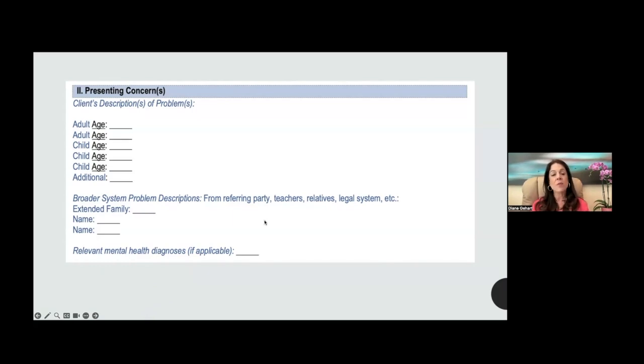And if you have broader folks in the system like teachers, referring parties, relatives, legal system, extended family, get their descriptions of what is going on. All of that is very helpful for you as the clinician to get a good sense of what the issues are.